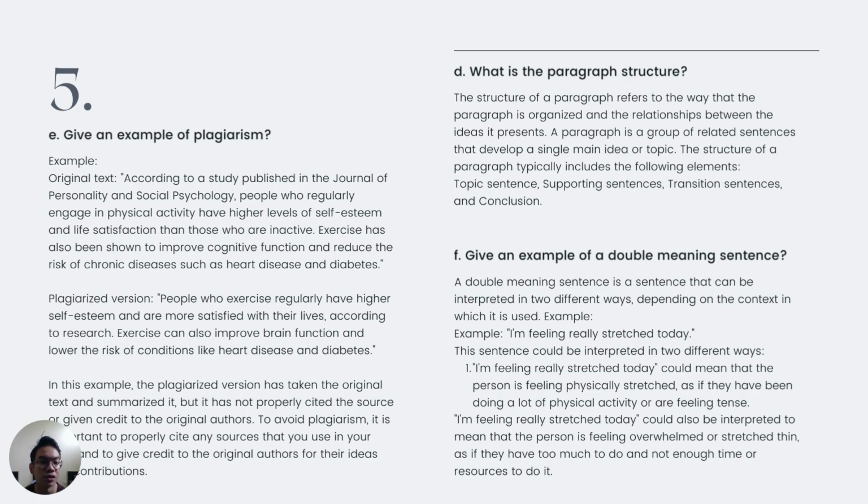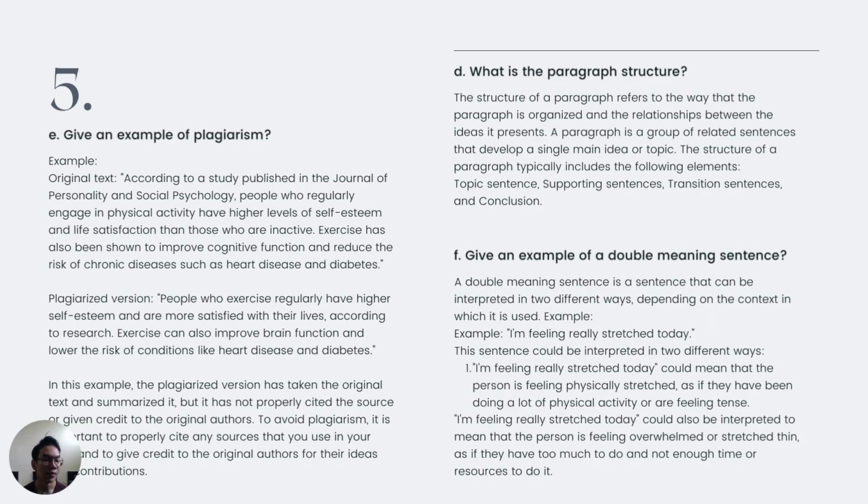Exercise has also been shown to improve cognitive function and reduce the risk of chronic diseases such as heart disease and diabetes. And the plagiarized version is: people who exercise regularly have higher self-esteem and are more satisfied with their lives. According to research, exercise can also improve brain function and lower the risks of conditions like heart disease and diabetes.